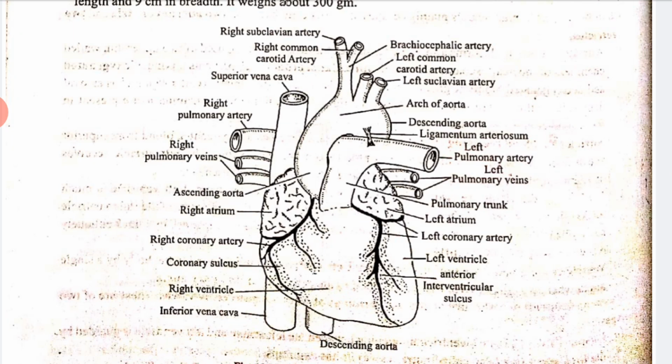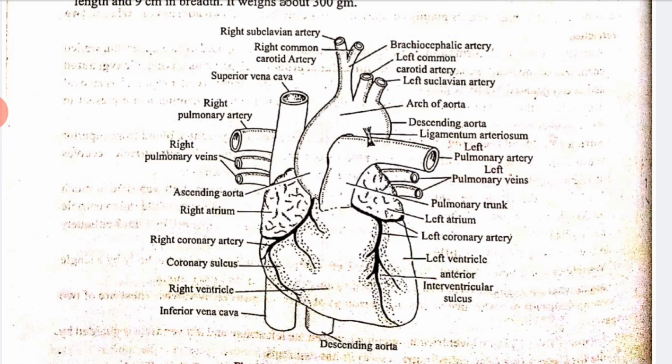Okay, and it is protected by the bones and muscles of the chest wall: ribs, backbone, breastbone and diaphragm. So the human heart is about the size of a fist, measuring about 12 centimeters in length and 9 centimeters in breadth.